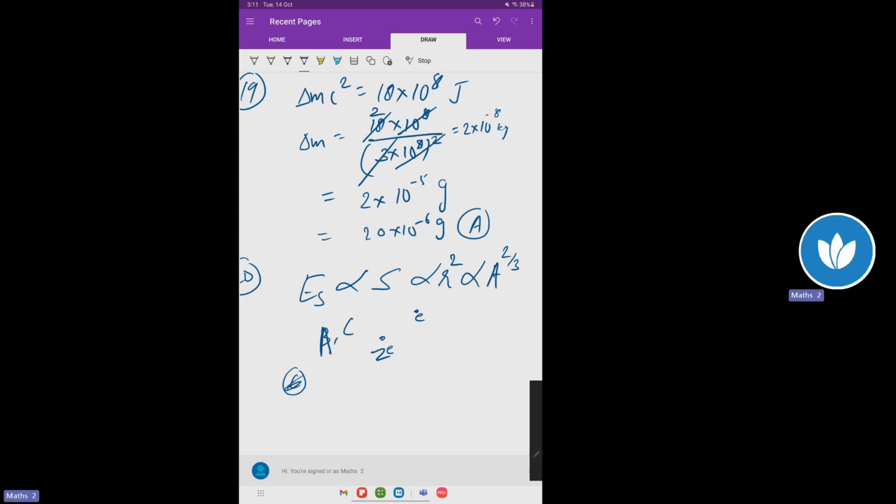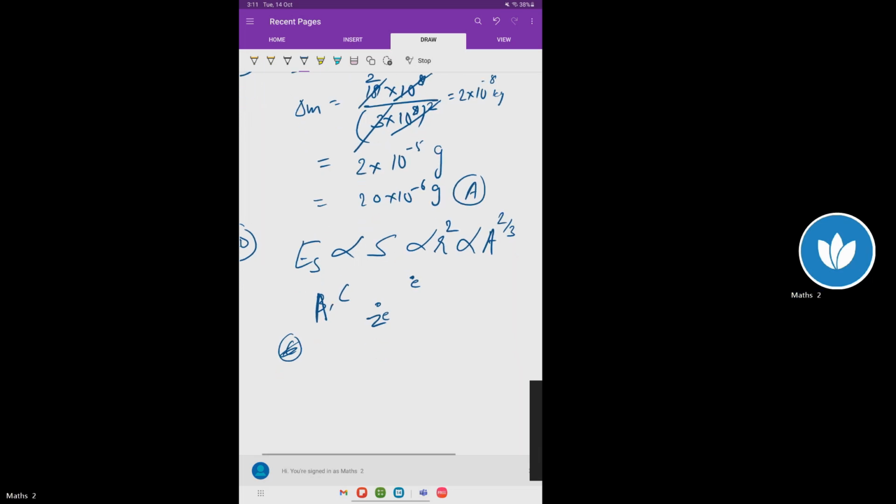D, decrease in the binding energy is proportional to surface area. No. While estimating the surface energy, it is assumed that each nucleon interacts with 12 nucleons. Choose the most appropriate answer from the options given below.